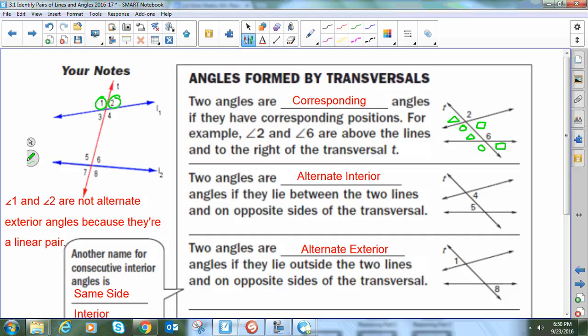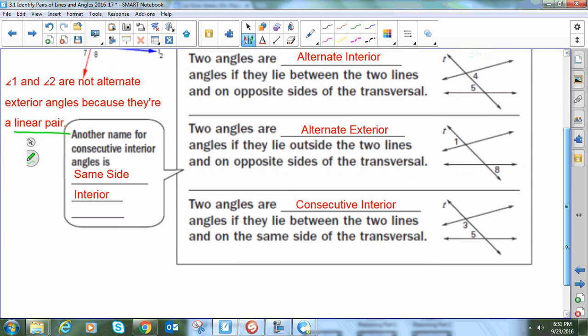So because they're not really using both of those lines, a better way of describing them would actually just be as a linear pair. And that would go for the same thing for angle 3 and 4. Those would not be alternate interior angles. Those would really just be another linear pair. So keep that in mind as we go through learning how to identify and name these things.